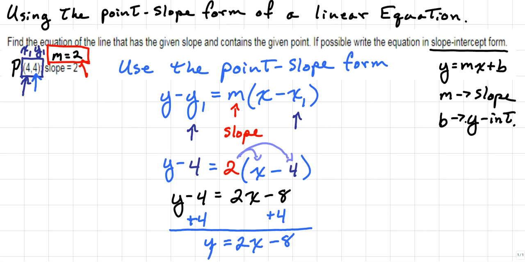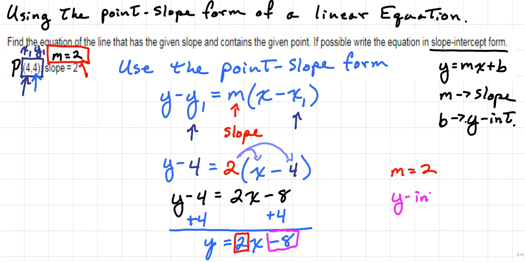Now this is going to be in our slope-intercept form, noting that once again we can state that the slope is 2, so m is equal to 2, and then we can go ahead and state that this is the y-coordinate of the y-intercept.